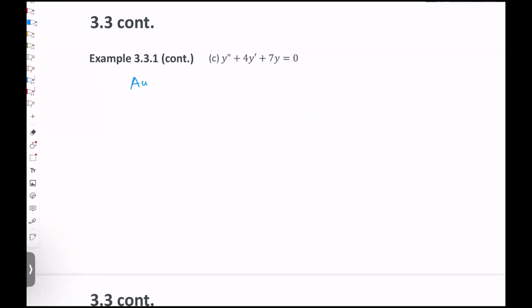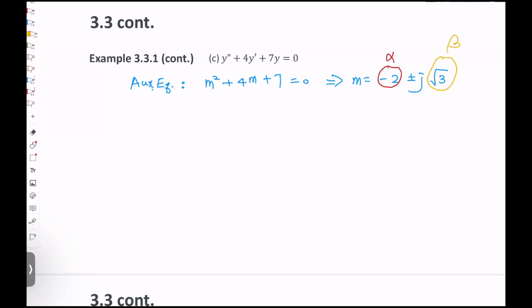Third one, our equation for this problem is m squared plus 4m plus 7 equals 0. And if you put that into your calculator, then m equals -2 plus minus j square root of 3. The real part is going to be alpha, and the imaginary part will be beta.